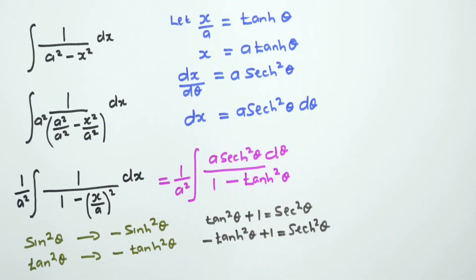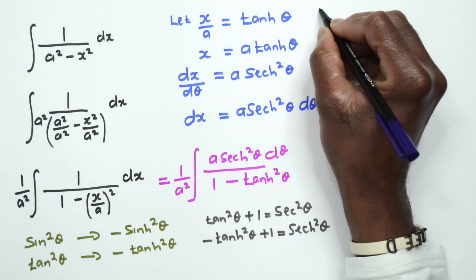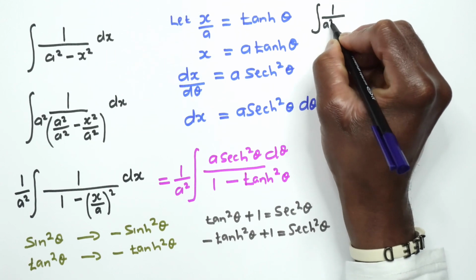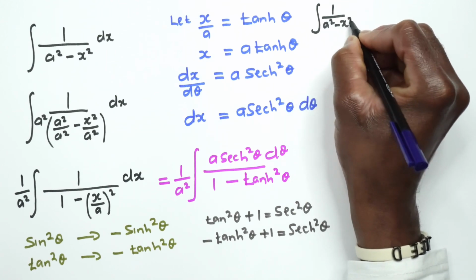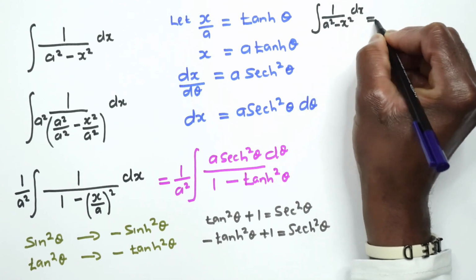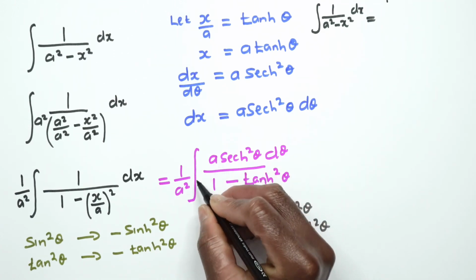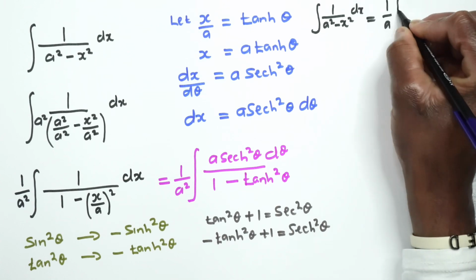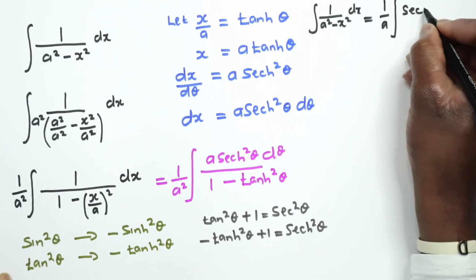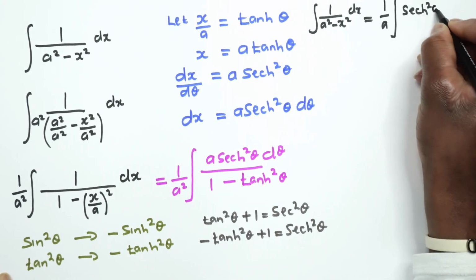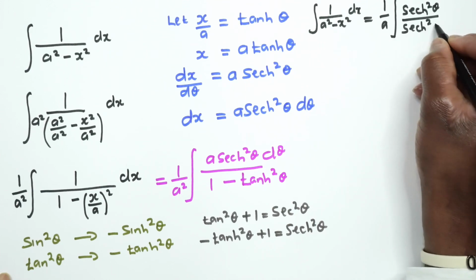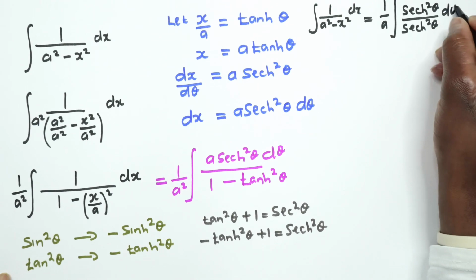So I can carry on and rewrite this integration by saying the integral of 1 over a squared minus x squared dx can be written as, well, the a will cancel a, and this will be 1 over a integral hyperbolic sec squared theta over hyperbolic sec squared theta d theta.